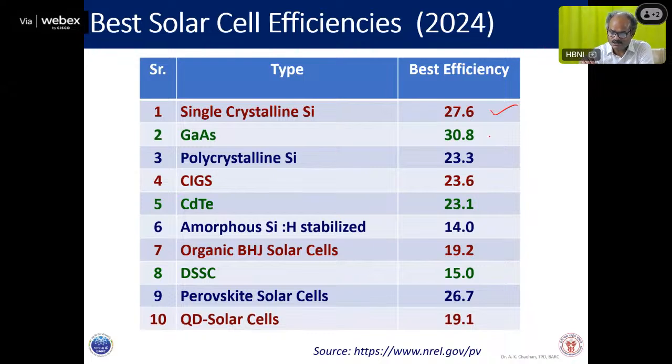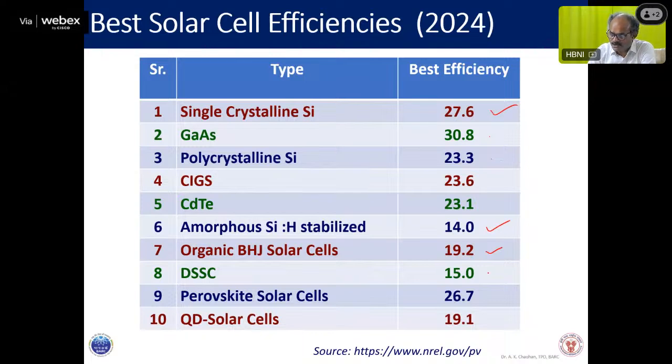Gallium arsenide nearly 30.8, polycrystalline silicon 23.3, CIGS solar cell 23.6, cadmium telluride around 23.1. This is amorphous hydrogenated silicon, the stabilized one is nearly 14%, and organic bulk heterojunction has recently achieved 19.2%.